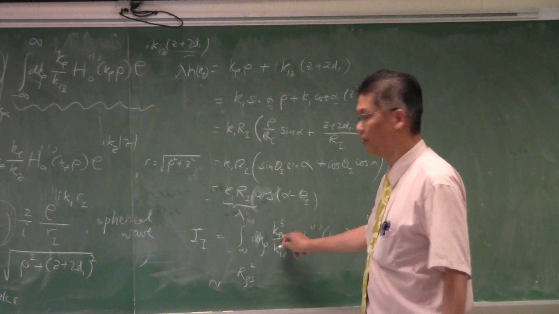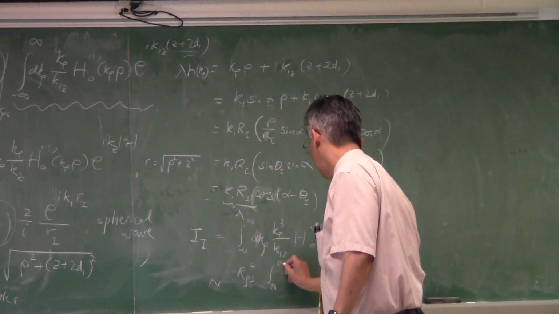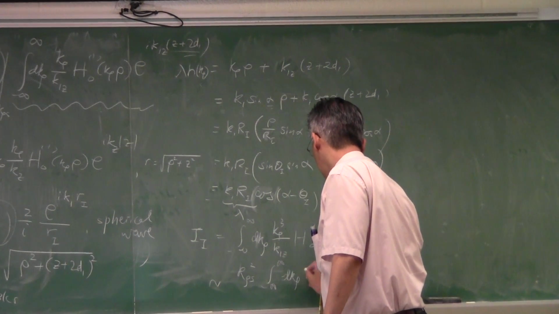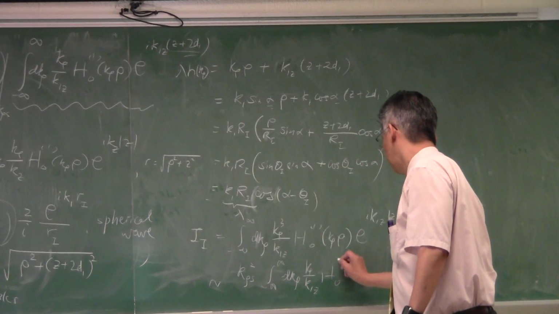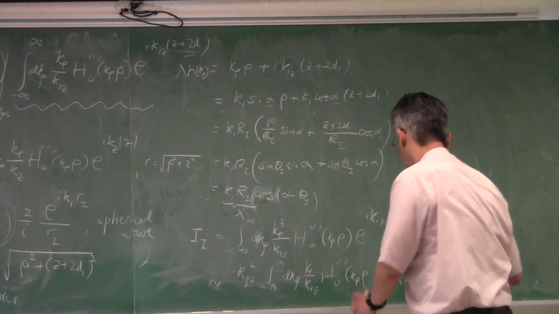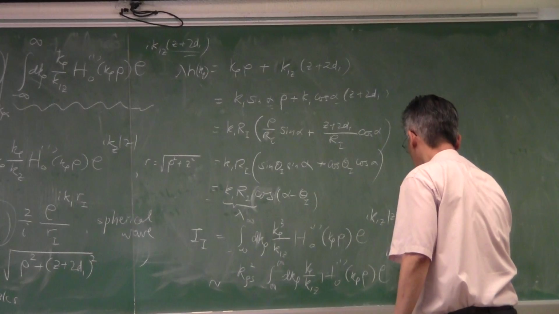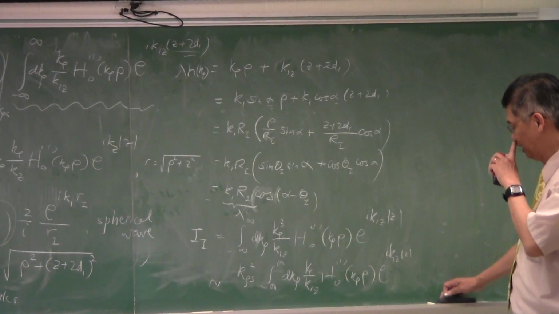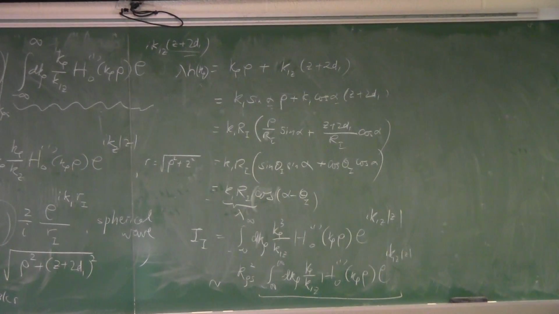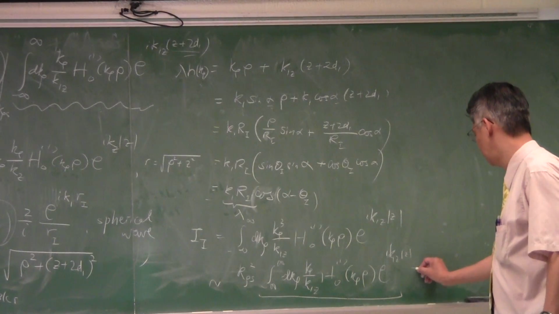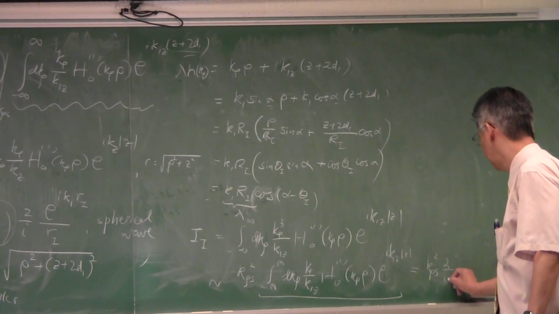Okay, I can take this thing out and evaluate them. And then what is left behind is this integral, k rho over k1z, H01, k rho rho, e to the i k1z z. Okay, again, this can be evaluated in closed form using the Sommerfeld integral. And what is it? So this should be equal to k rho s squared 2 over i.